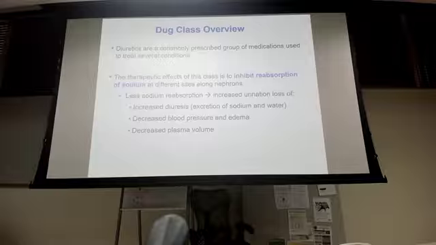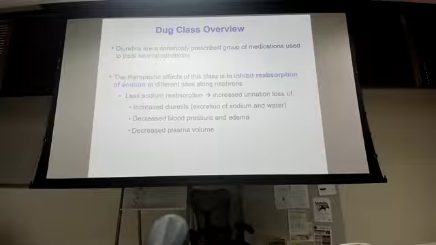So we excrete more sodium, water follows, plasma volume, blood volume is going to go down, blood pressure goes down. Hey, great, that was the goal. If we're giving a diuretic because we got too much blood, then we're getting edema, that pitting edema, fluid collecting in our extremities, it helps with that, good. Because we're getting rid of that excess fluid, all those things are, in concept, going down, which is why we use them.